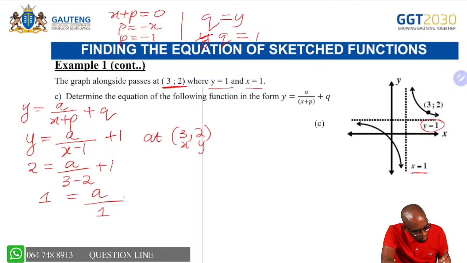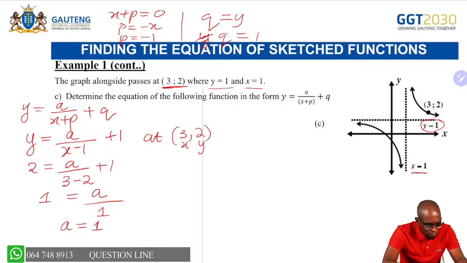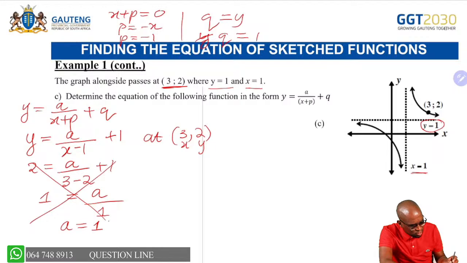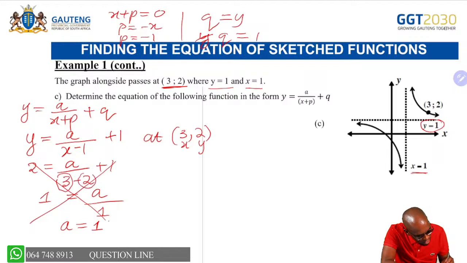Wait, I made a mistake here. When I substituted, I changed x from 3 to 2. That was the mistake that I made. So let's just rectify that one quickly.